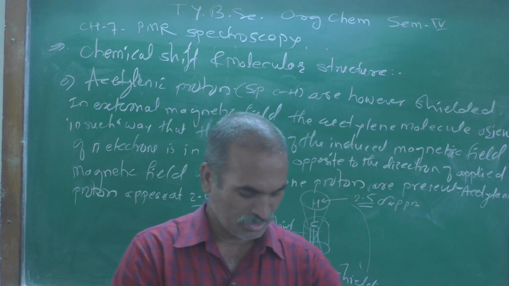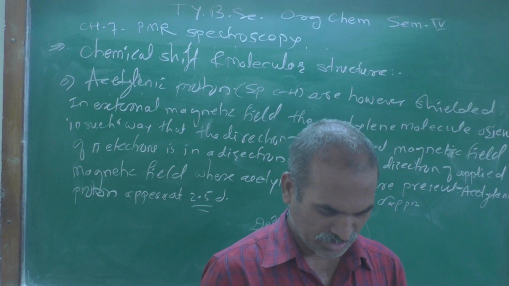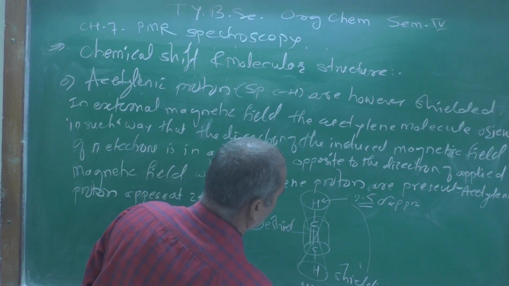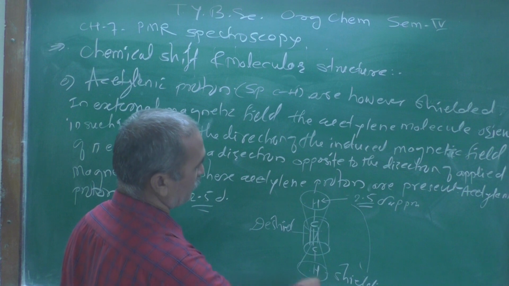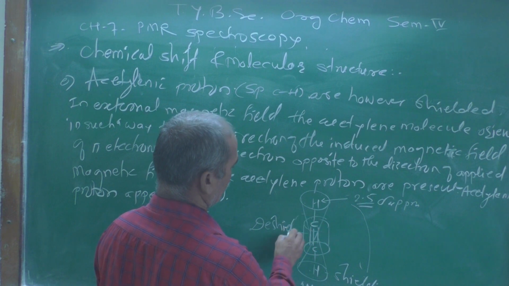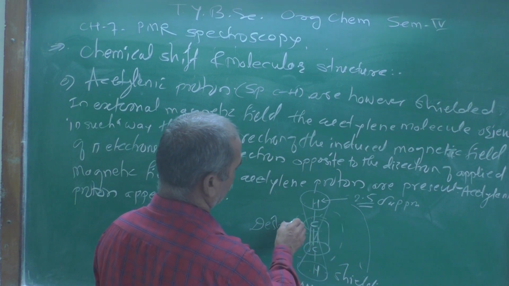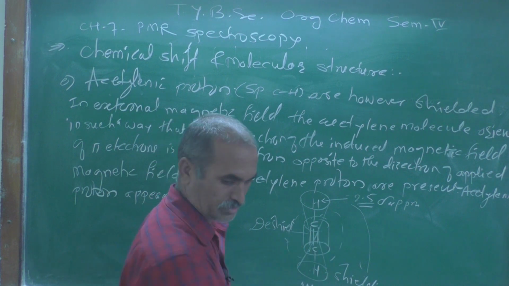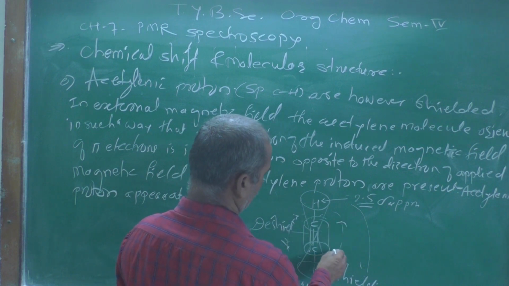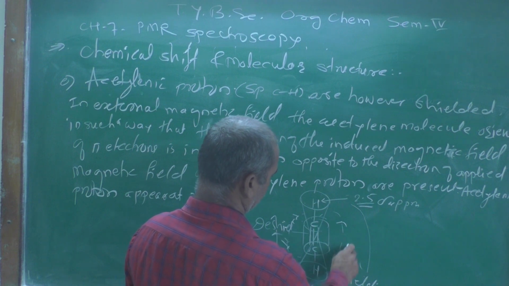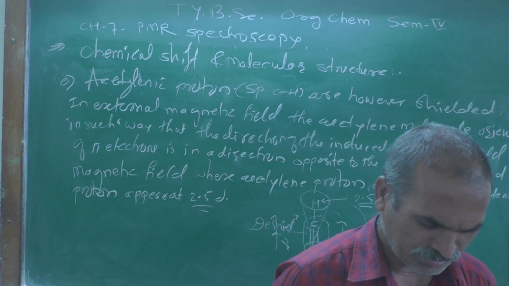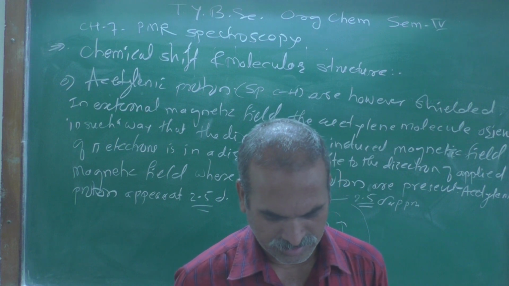Here H0 is the symbol for the applied magnetic field, and the induced field is opposite to that applied magnetic field, and that's why the acetylenic proton is found to be shielded.